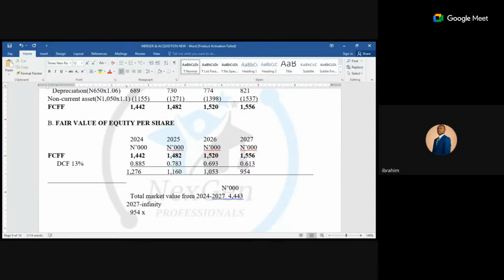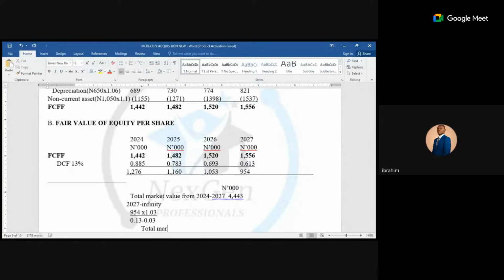Grow it by 3%, that is 1.03, divided by the WACC, which is 13%, 0.13 minus the growth rate, 0.03. So what is the value? 9,505.